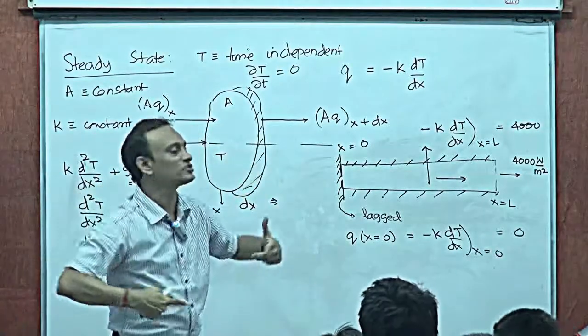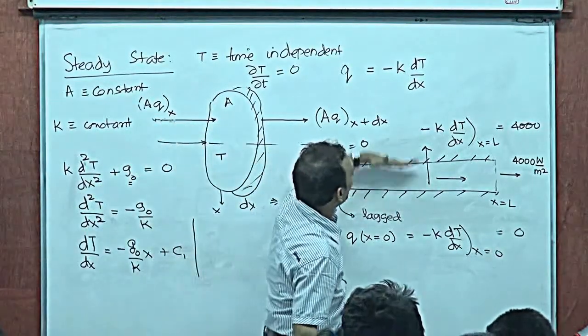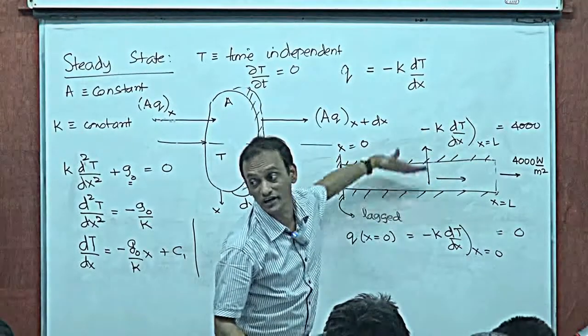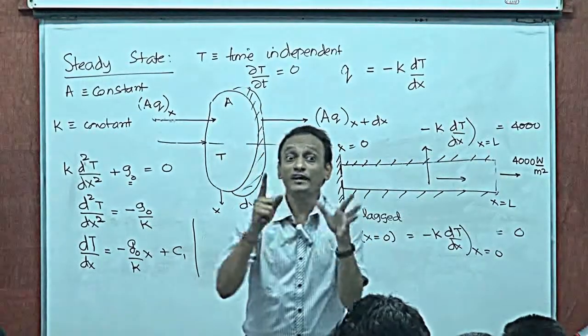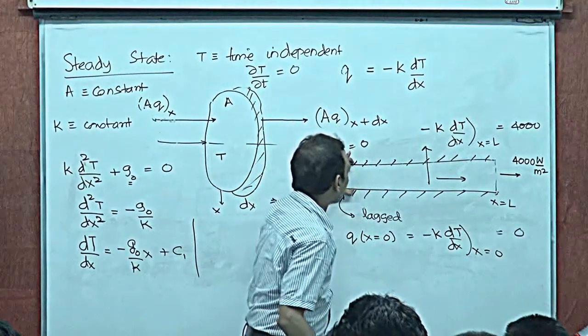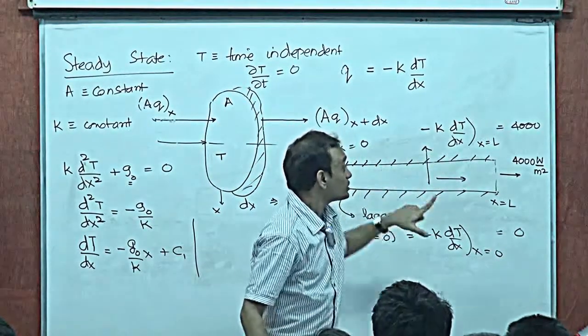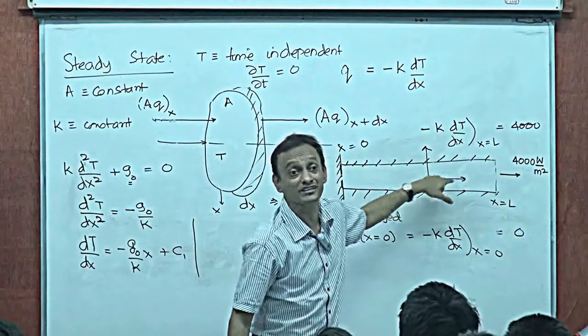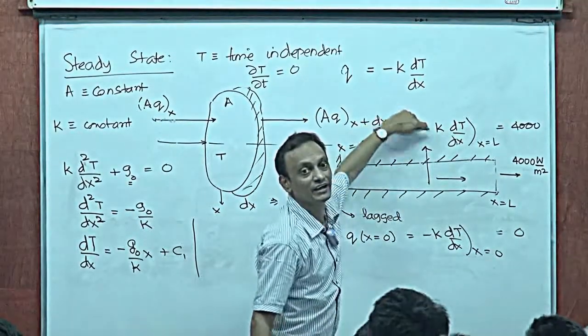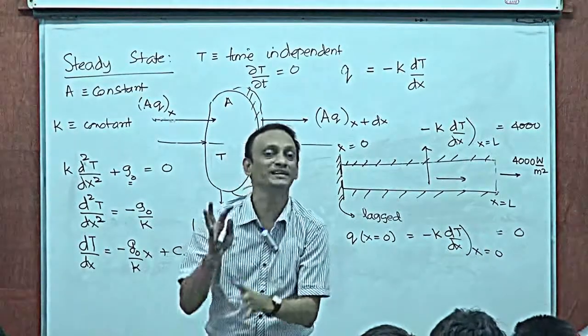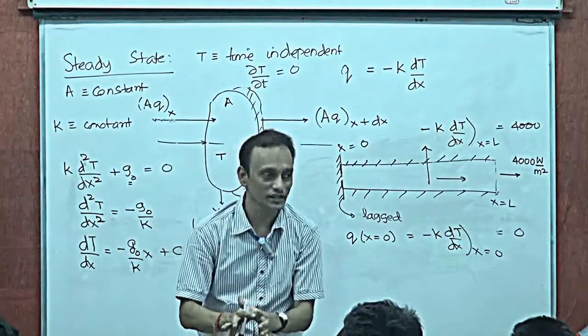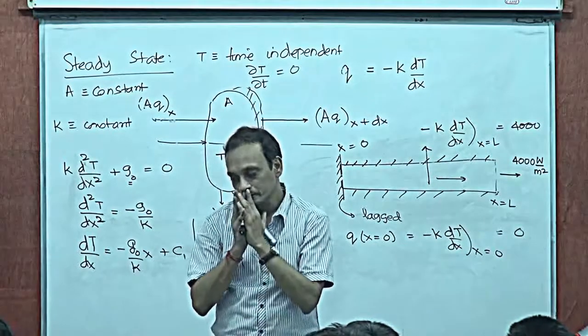If it's lagged or insulated, there can be no heat flow in a lateral direction. If, however, I had not lagged or insulated the surroundings, then temperature will not just be a function of x, it will also be a function of y. That's when it's going to become a two-dimensional heat problem.